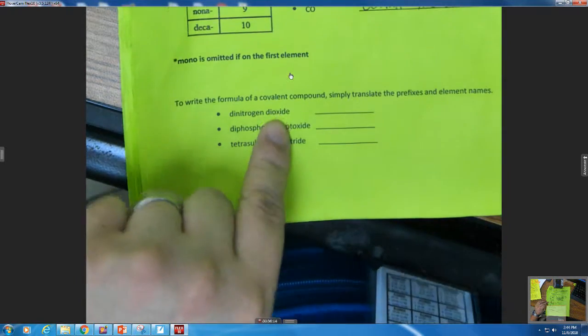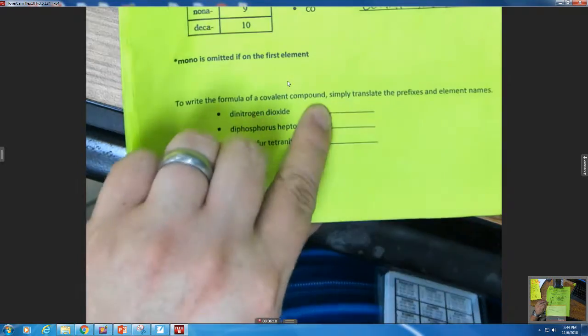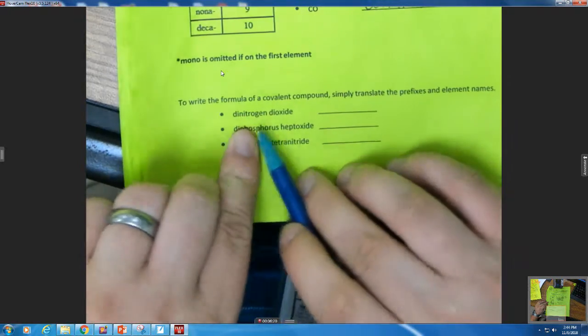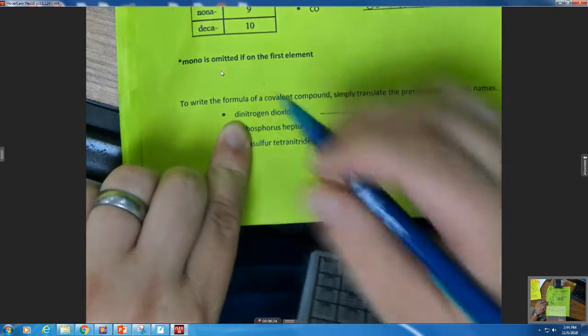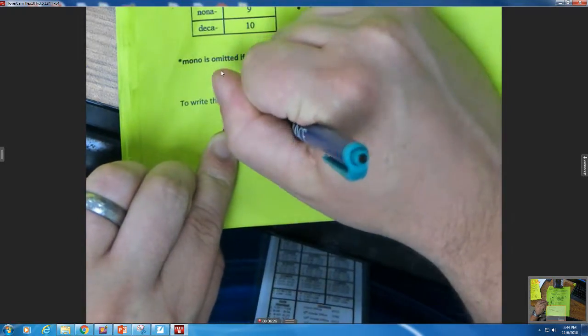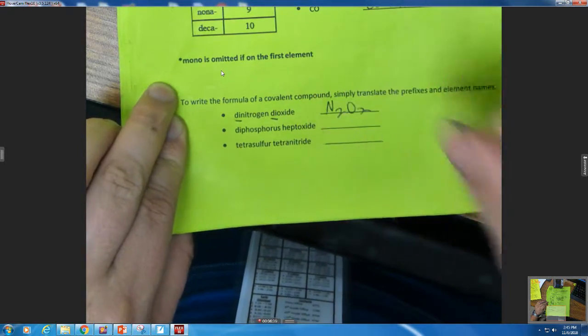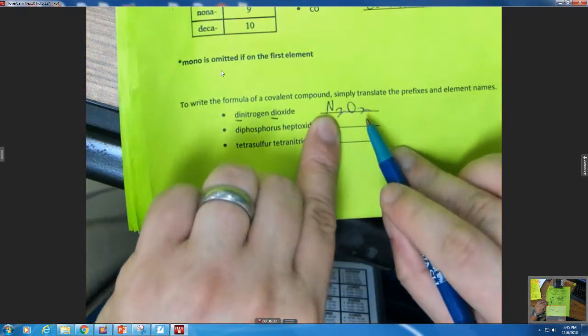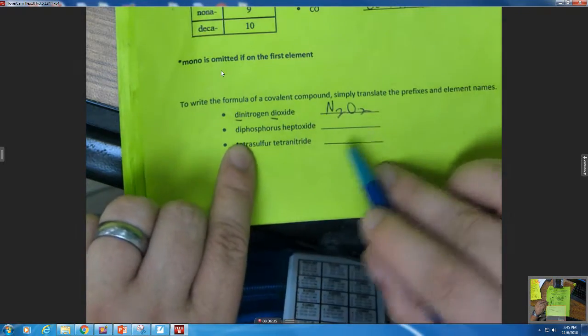So here, you're translating the name into a formula, and that's super easy to do because all you're doing is looking at the prefixes. In this case, I've got two of each, dinitrogen dioxide, so that's N2O2. I don't simplify it, I don't change it, I just keep it exactly like the name tells me to.